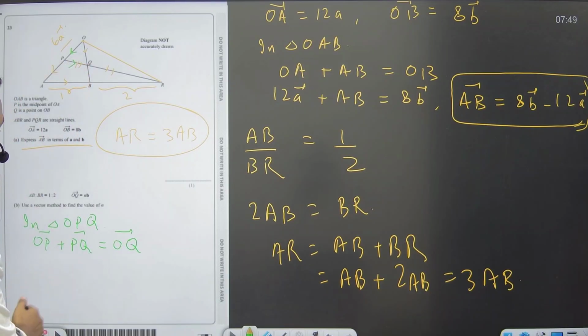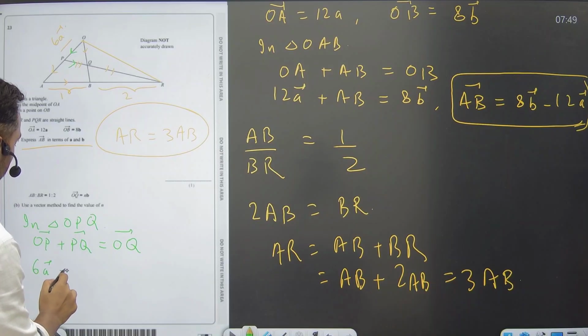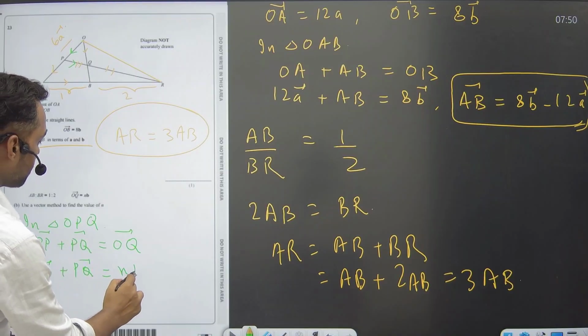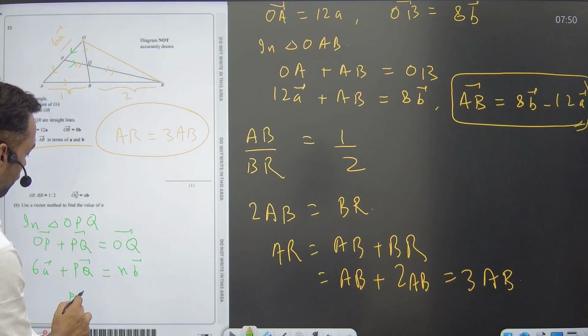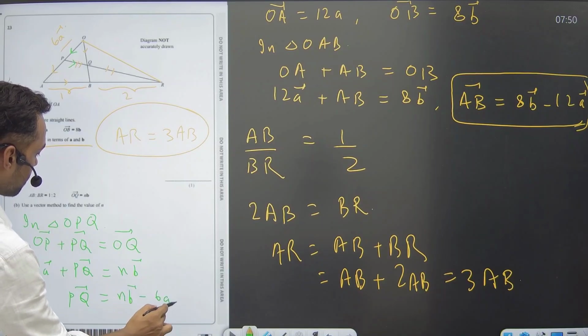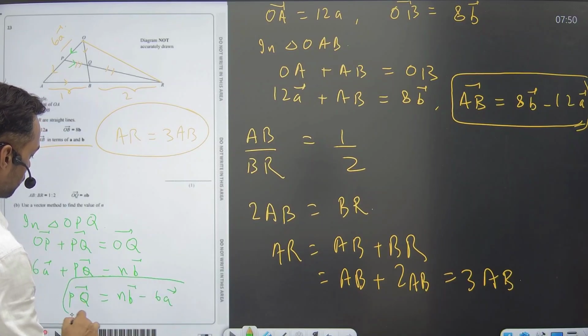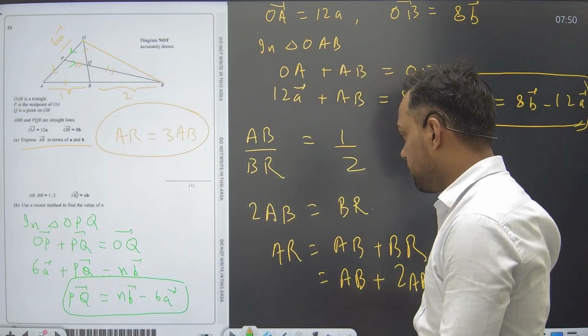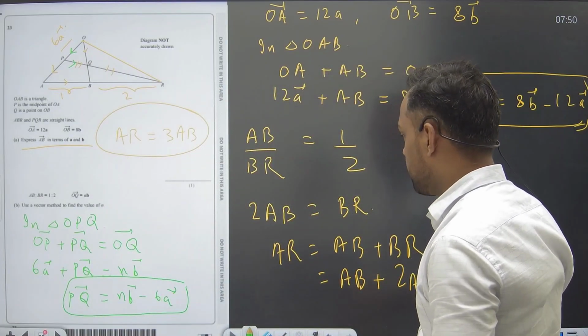So OP here is 6A plus the PQ vector, which we don't know, and the OQ vector is NB. So the PQ vector will be, student, NB minus 6A. So we have got the value of the PQ vector as well here.